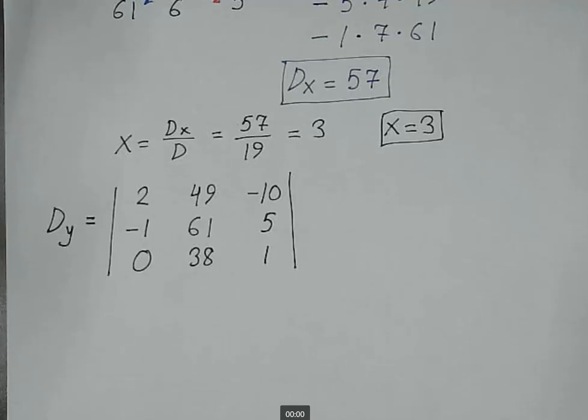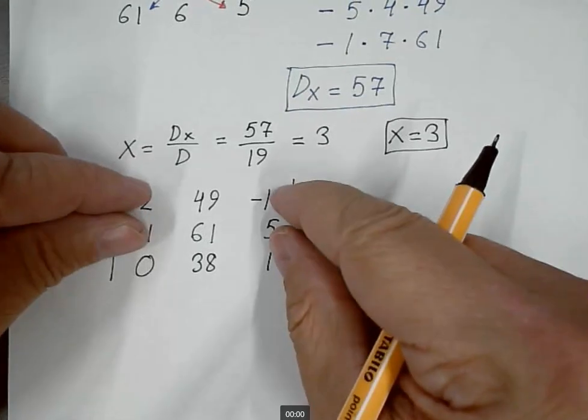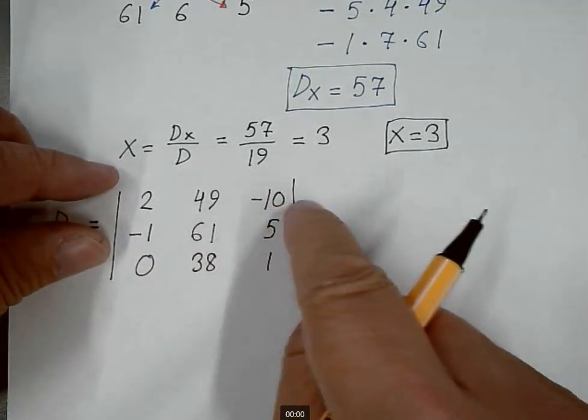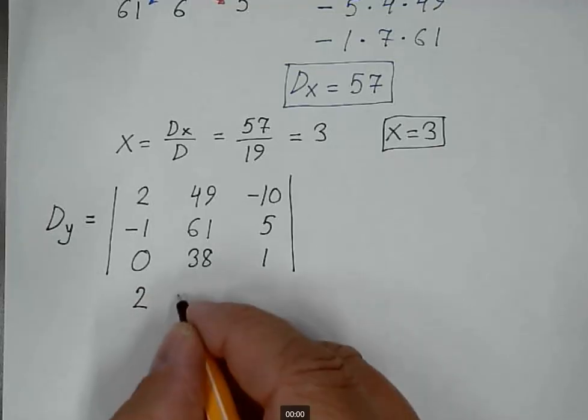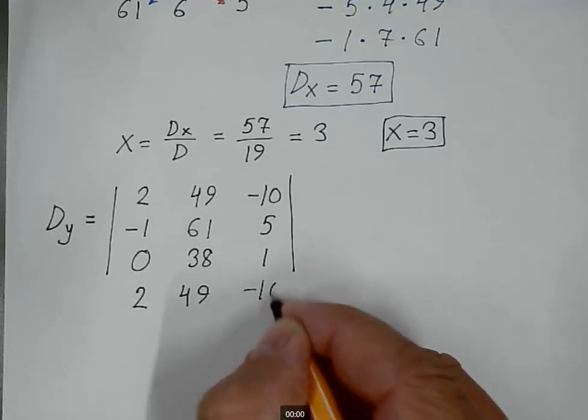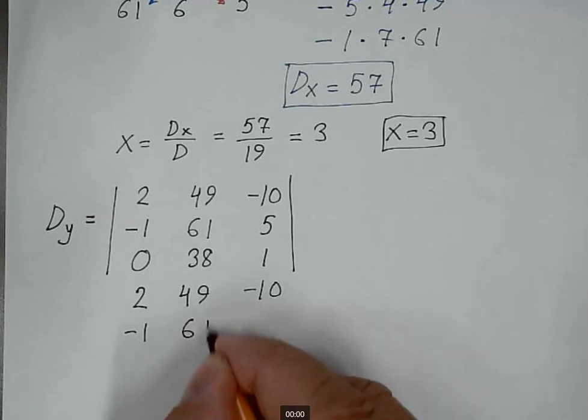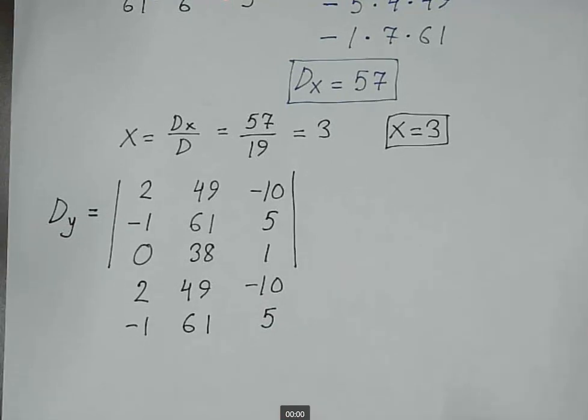So the determinant dy is this kind of determinant, and again we will copy these two first rows below the determinant. So we will have this kind of determinant there.